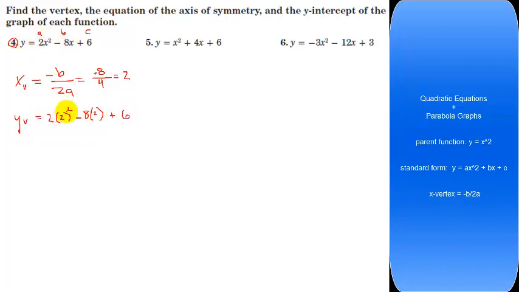So follow PEMDAS here. 2 squared is 4. 4 times 2 is 8 minus 8 times 2 is 16 plus 6. And finally, y-coordinate of the vertex. 8 minus 16 is negative 8. Negative 8 plus 6 is negative 2. So our vertex is 2, negative 2.